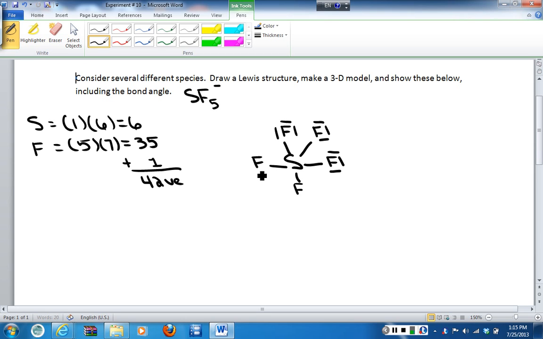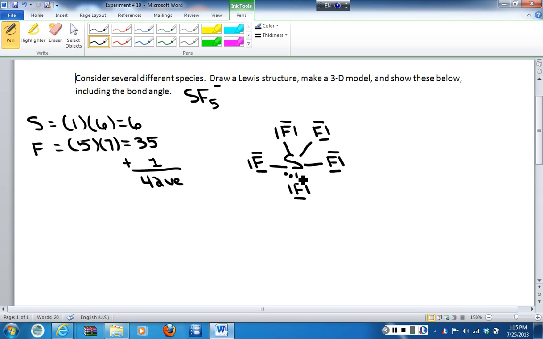Now once we've done that, we need to determine how many of the 42 valence electrons we have used, and we see that we've only drawn 40 of them, so we have 2 left over. And we know that if we have any left over, we put them on the central atom as a lone pair. So I've used all 42 of my valence electrons, and I've given everything an octet.